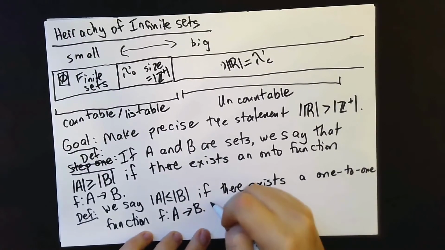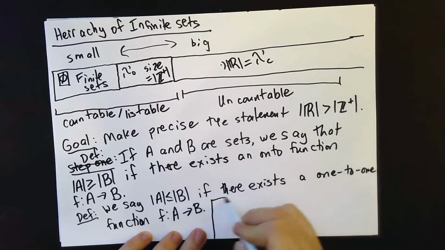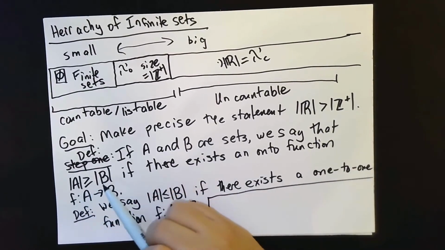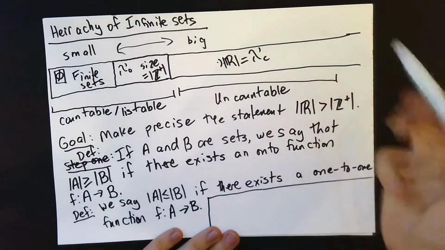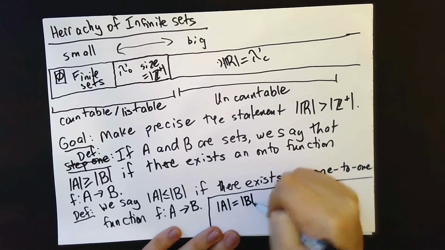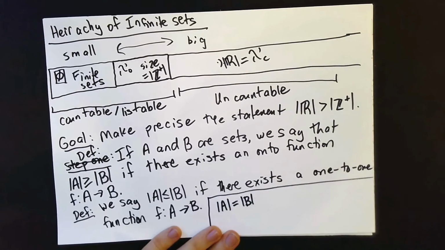And just to recap, we've described all of the relations between sizes of sets in terms of the existence of certain functions. So the size of A being equal to the size of B, that meant there was a bijection.